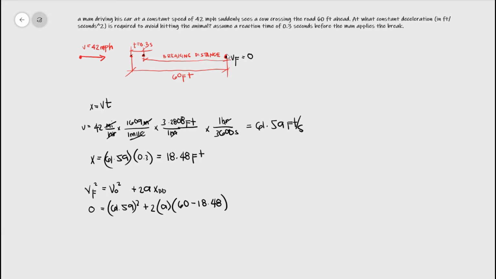Solving for a, since the problem is looking for deceleration, our answer should be negative.